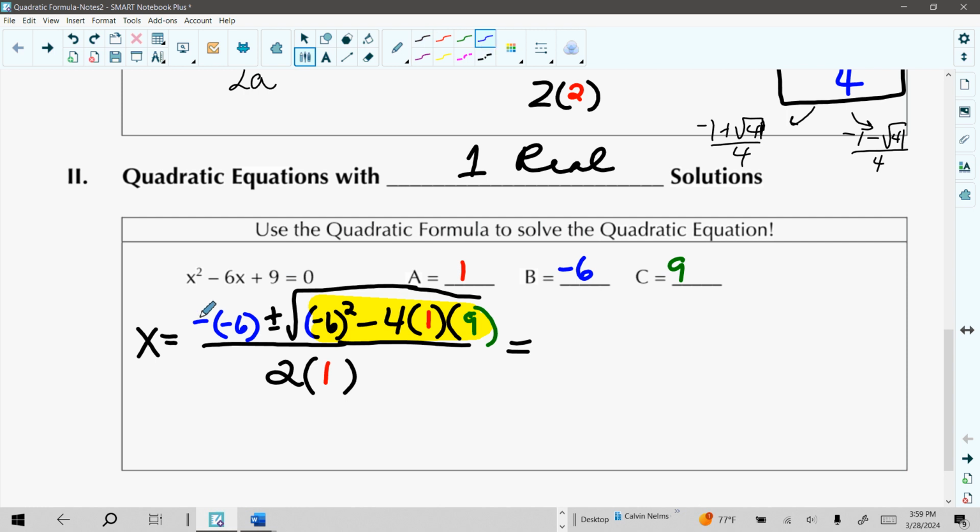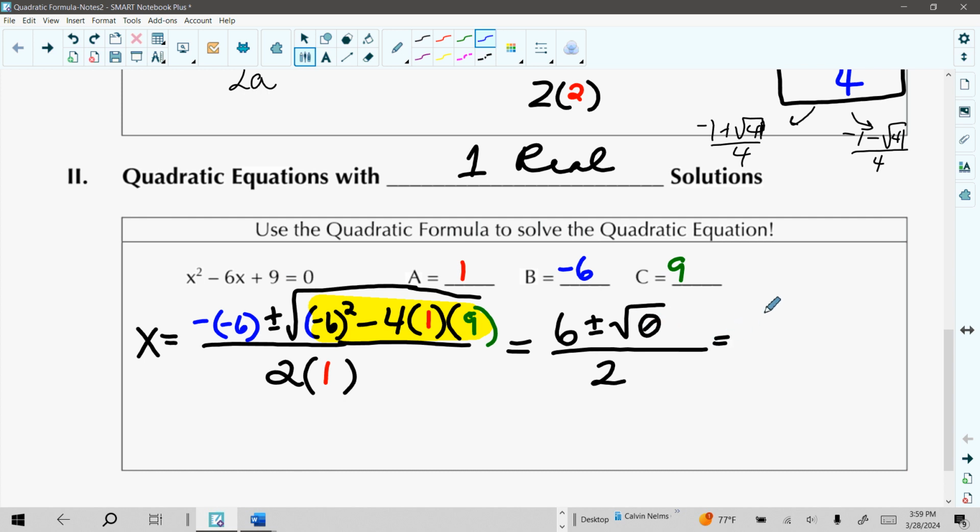In this first part, because we have a negative outside the parentheses, it's like saying a negative times a negative, so that's going to turn into a positive 6. We're going to have plus or minus, and hopefully, if we did the calculations right in our calculator, we should have the square root of 0 all over 2. The square root of 0 is just 0.